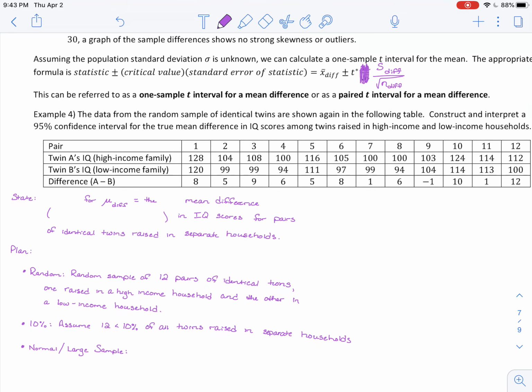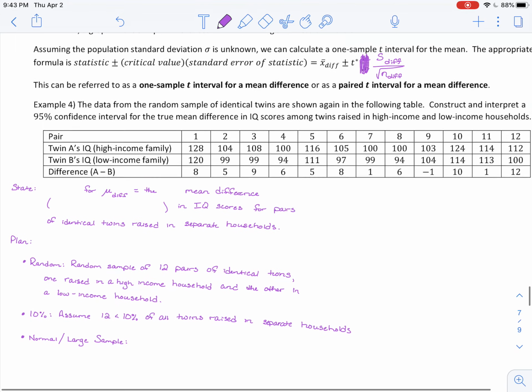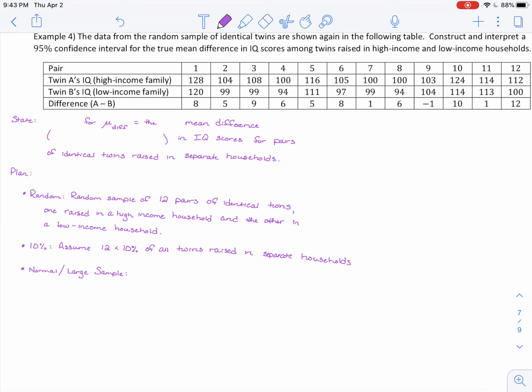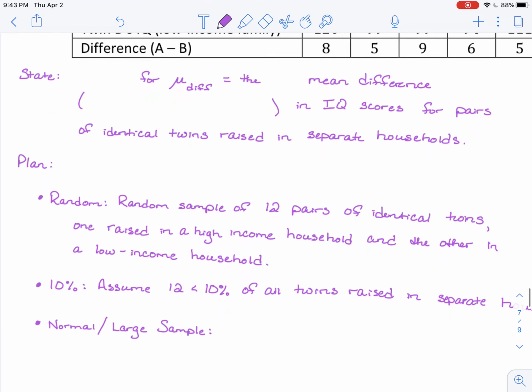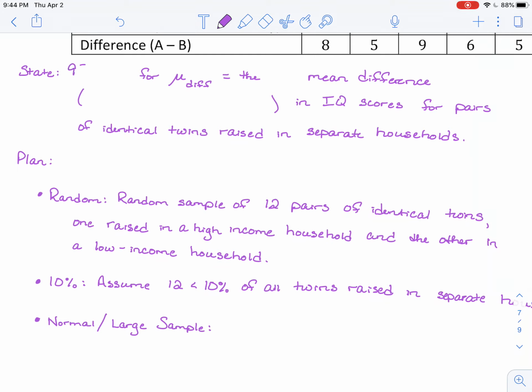So if we go back to those identical twins, if I want to construct and interpret a 95% confidence interval for the true mean difference in IQ scores for these differently raised twins, it's a four-step process, and you have to start with stating. So I'm going to state that I'm going to be creating a 95% confidence interval specifically for the mean difference.